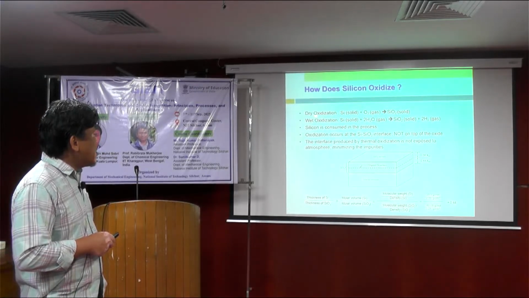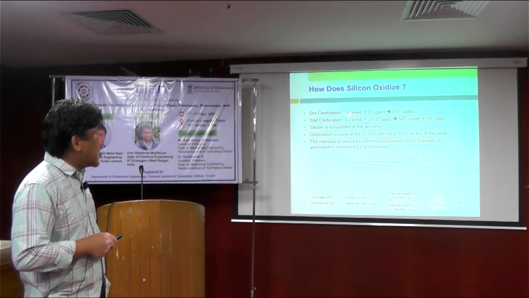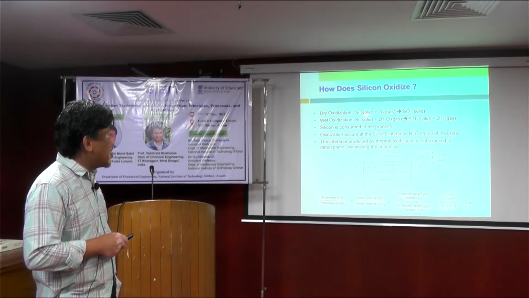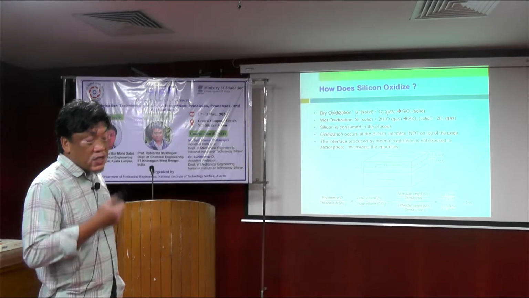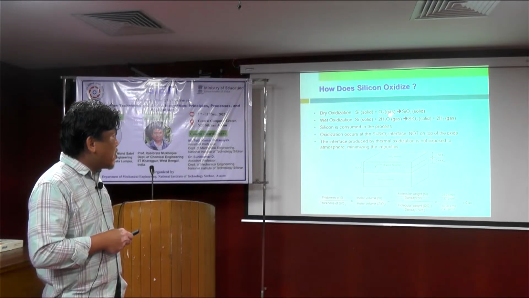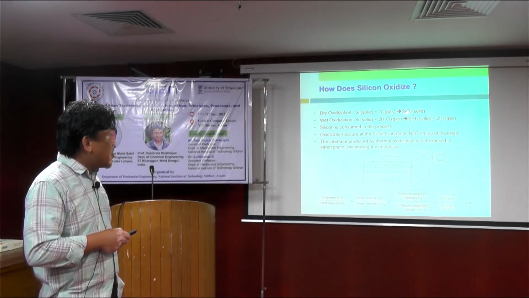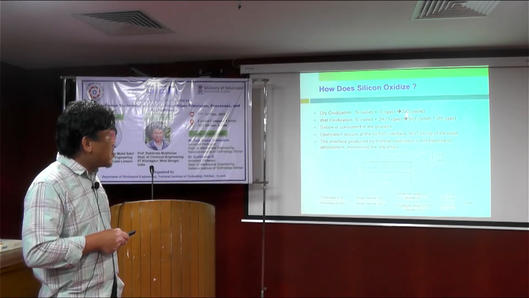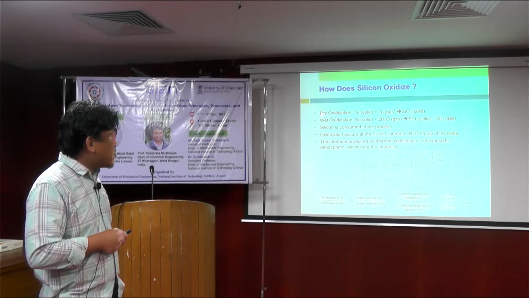Through dry oxidation, we have solid silicon, maybe a silicon wafer. Then we flow oxygen, and you can grow silicon dioxide on the surface of the silicon wafer. So you can get it through dry oxidation.